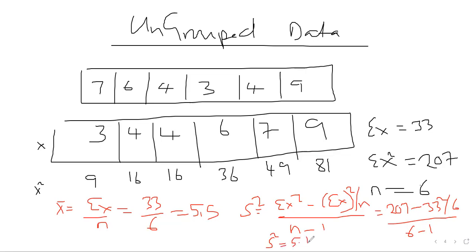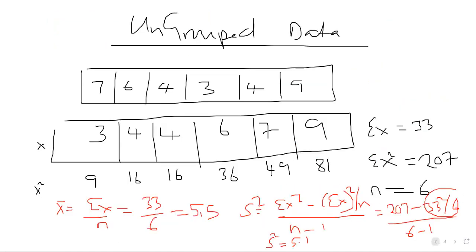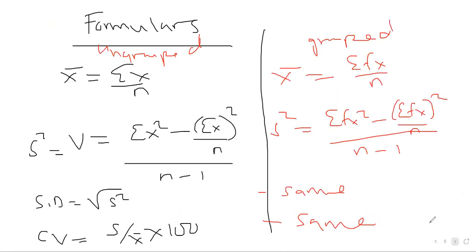But you need to be methodical. Follow it step by step. Start from 33 squared over 6. Here we're looking at the variance, still using this data set.